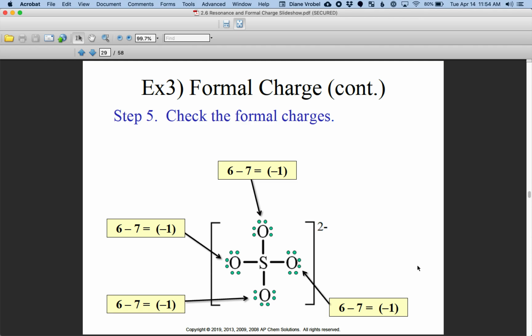Now, because this molecule has an overall -2 charge, that means that the sulfur has to have a positive charge to balance off all of the negative charges of oxygen. And when you look at that, it has a +2 charge. So when you add up all the formal charges, overall it should be a -2 charge. Now the question is, is this a valid Lewis structure?